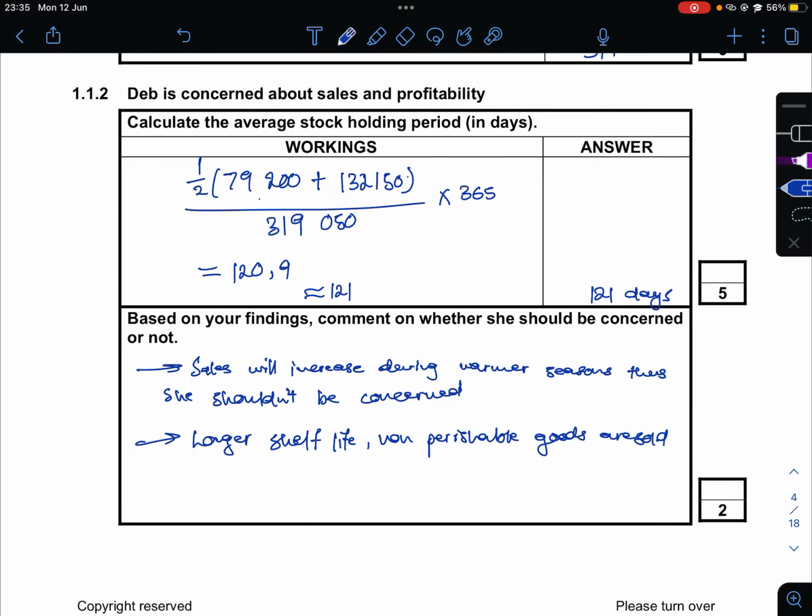Then you can conclude, because fans they don't rot, so she might as well just relax and let the sales play out. So she shouldn't get worried, and then you can conclude there.